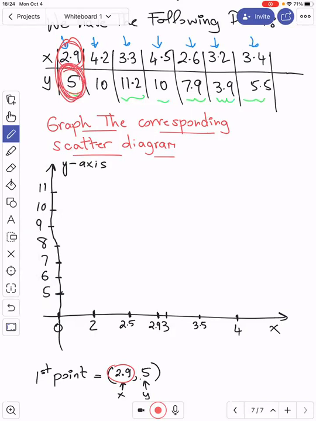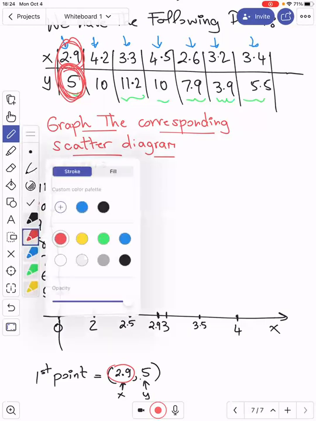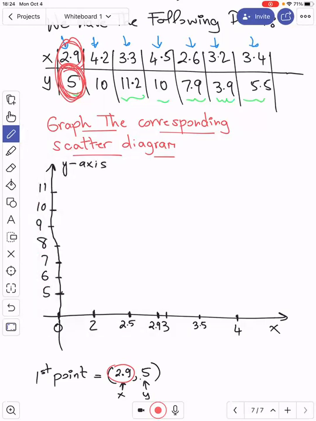So you can draw a vertical line starting from 2.9, and then stop at the height y equals 5. This is where my y is equal to 5. So this point right here will be my first point: the corresponding y is 5, and the corresponding x is 2.9.